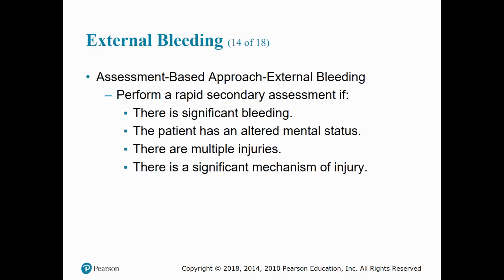Because bleeding is a serious condition, the rapid secondary assessment should not, if possible, take more than 90 seconds to perform. This is just going through doing that rapid secondary, looking for any major bleeding and looking for those other injuries, such as going through basically doing DCAP-BTLS.